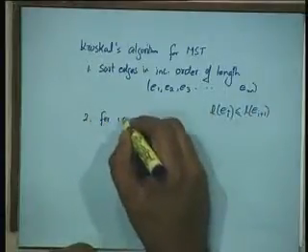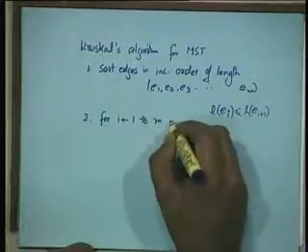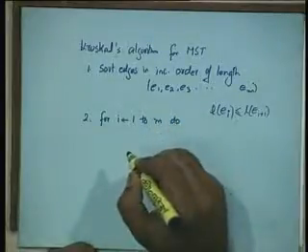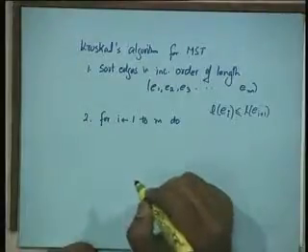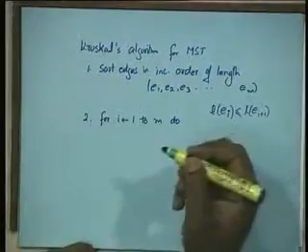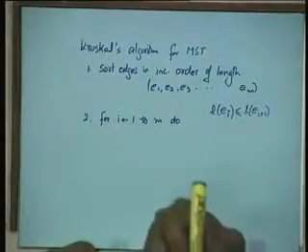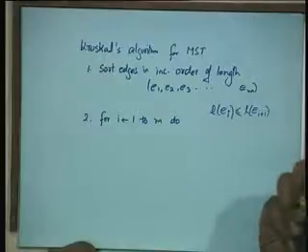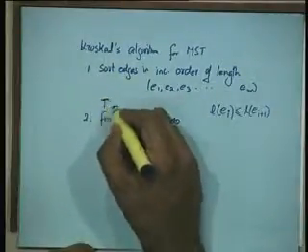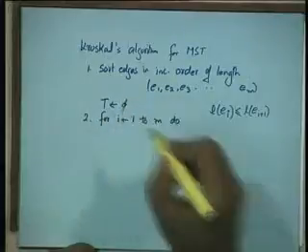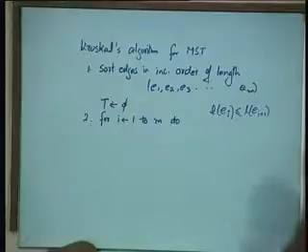For i going from 1 to M, do. What should I do? Take the first element, take Ei. We need to define some spanning tree, so let's say my spanning tree is T, which is initially null. T is a set of edges.